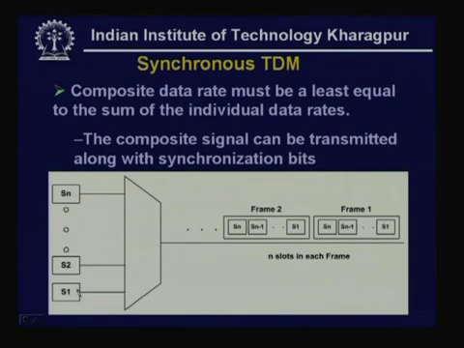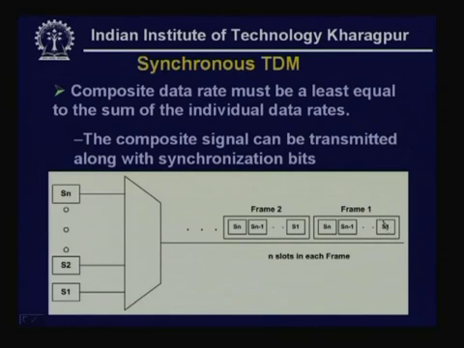Here are the buffers coming from different sources, and here you have got some kind of switch. First the connection is established between S1 and this output, then S2, then in this way it takes turns up to Sn, but it is done very fast, and some kind of framing is done.